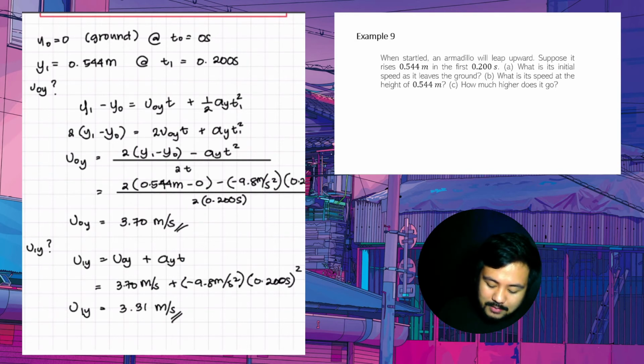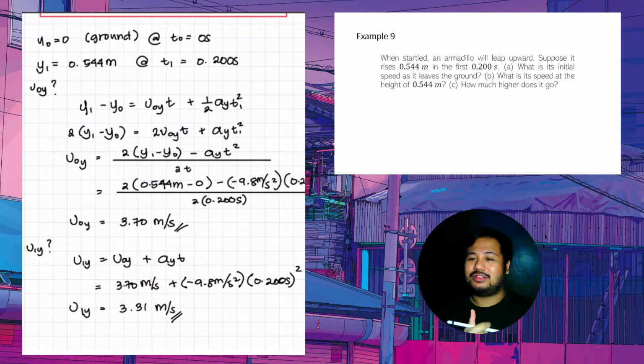So, v1y is just equal to 3.31 meters per second. Okay? So, that's how we solve for letter B. What is its speed at the height of 0.544 meters?